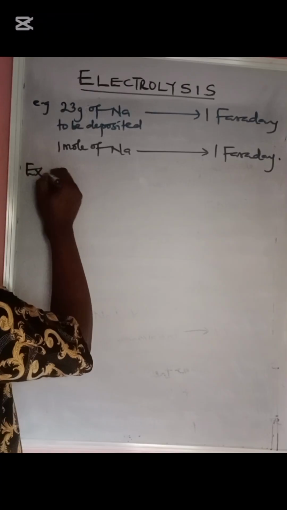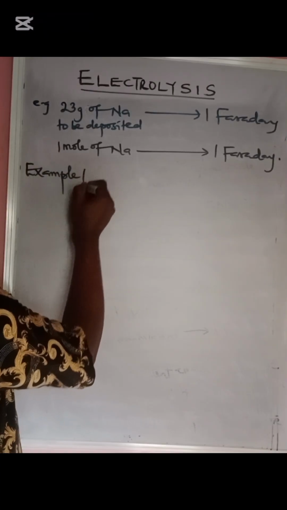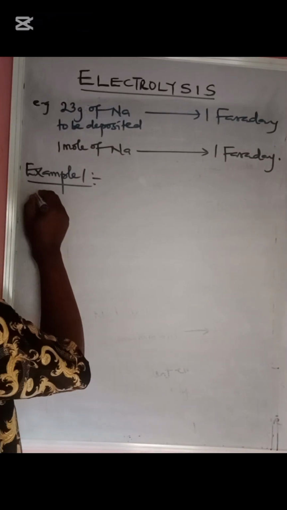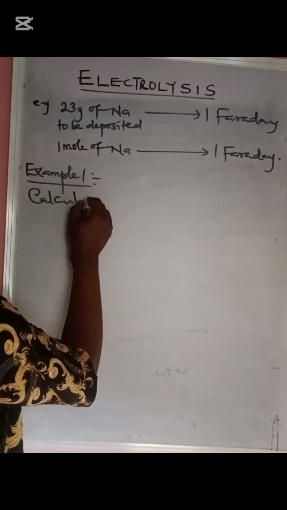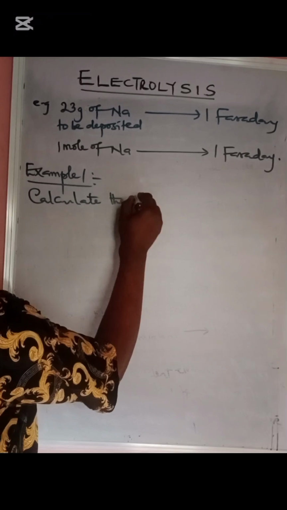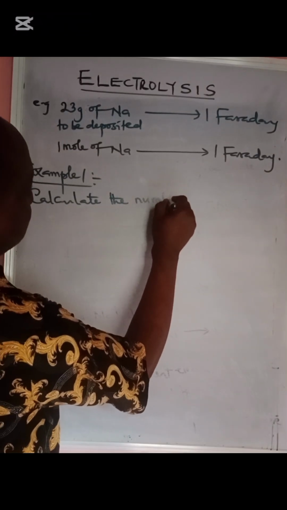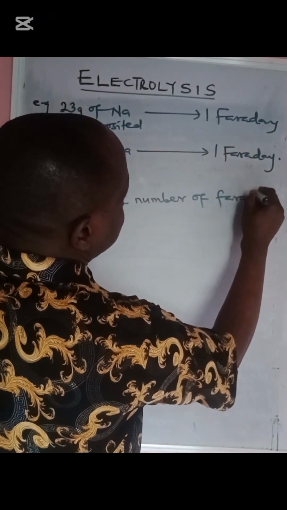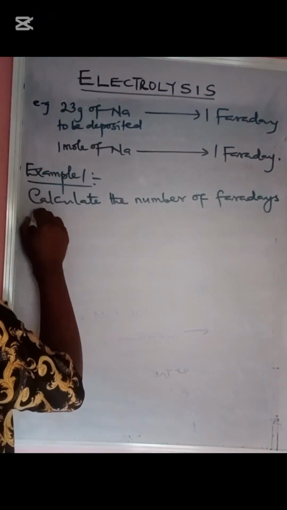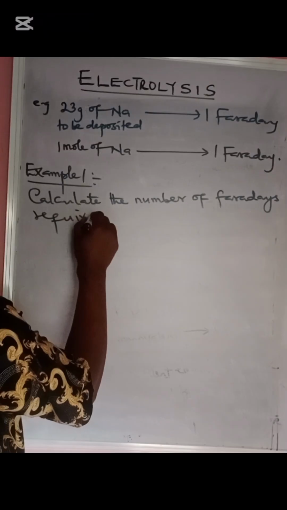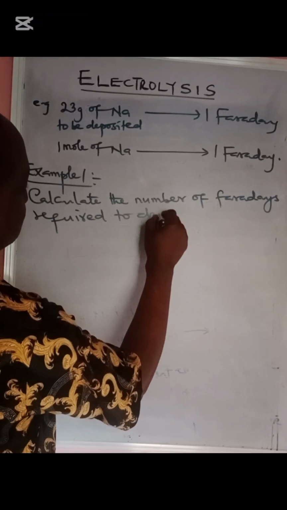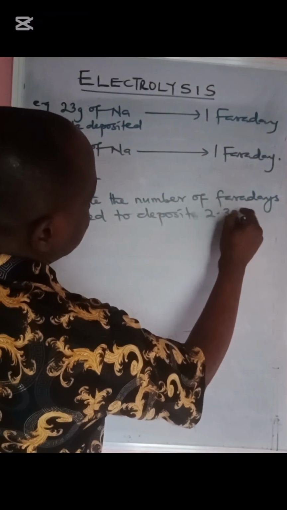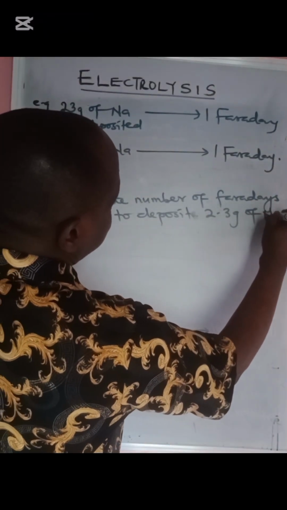So let's see example 1 here on int 1. Calculate the number of Faradays required to deposit 2.3 grams of sodium.